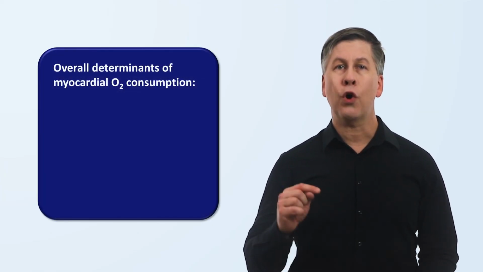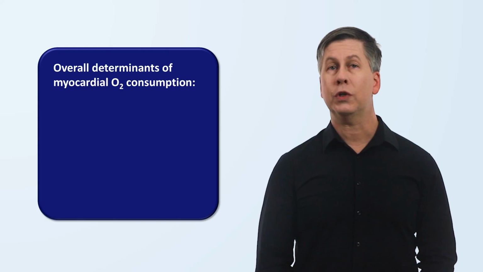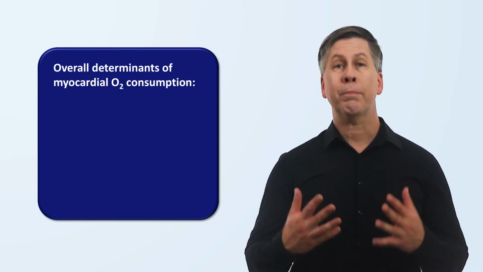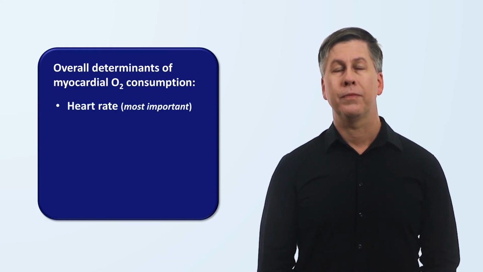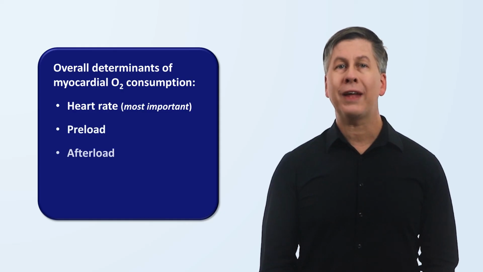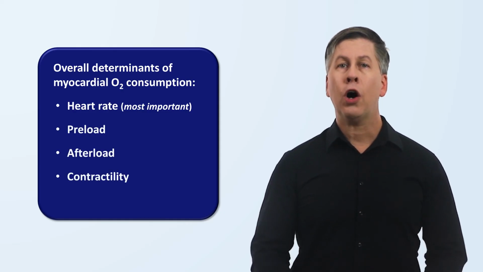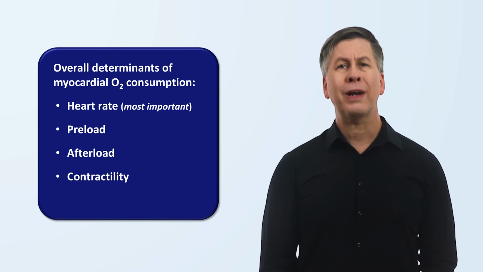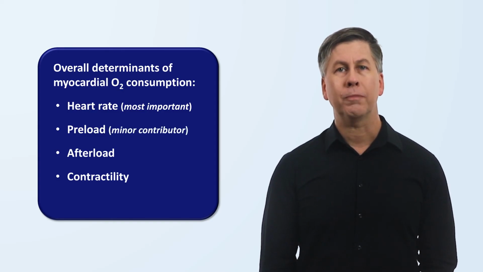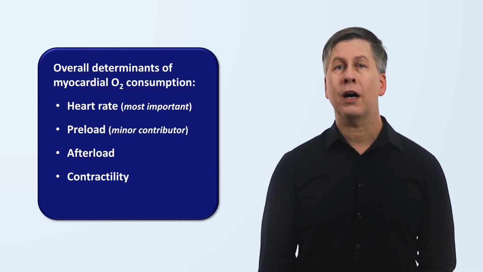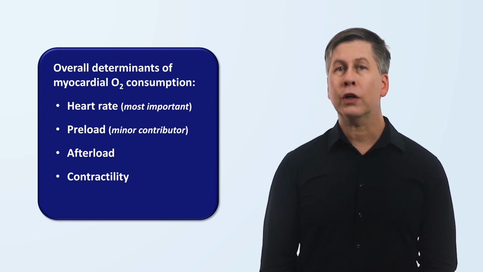What is important instead is this list of the overall determinants of myocardial O2 consumption. The most important is the heart rate. Preload, afterload, and contractility all also contribute, though preload is a relatively minor contributor. Sometimes this phenomenon is described as pressure work requiring more oxygen than volume work.